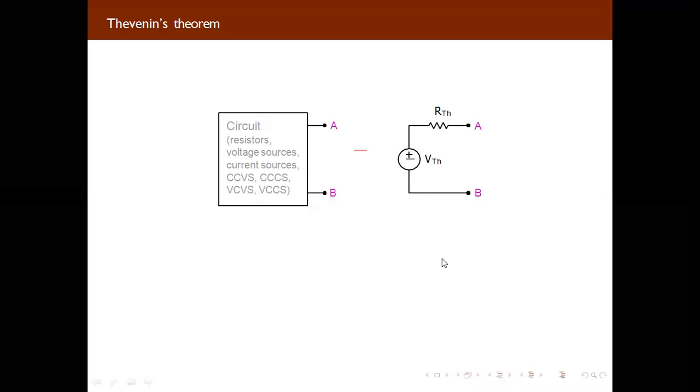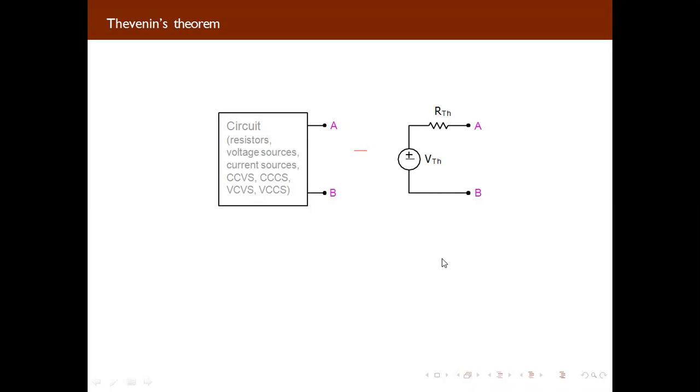So here, when we are supposed to convert that complicated circuit into a simplified Thevenin equivalent circuit, firstly, we can calculate the value of the Thevenin equivalent resistance. At that time, we can consider all these impedances temporarily as an open circuit.